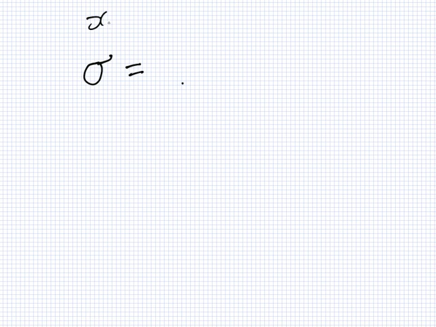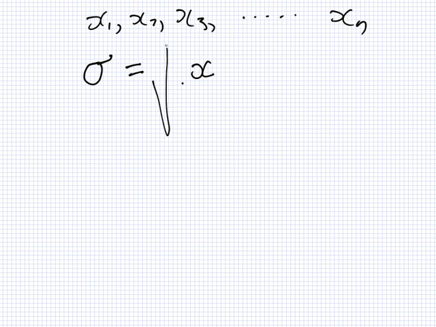There we go. Okay, so the formula is this. Standard deviation, which is this symbol, equals, and let's say our data is x1, x2, x3, etc. to xn. There's a root. Now there are two formulas shown, they give the same answer though. So the formula I would like you to use is this one.